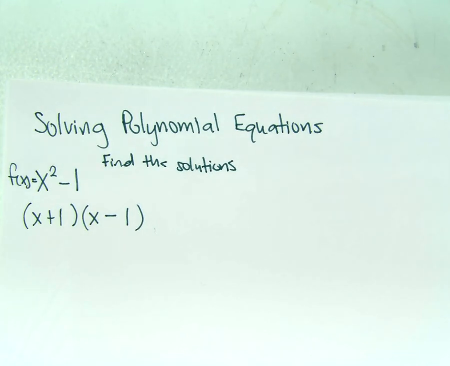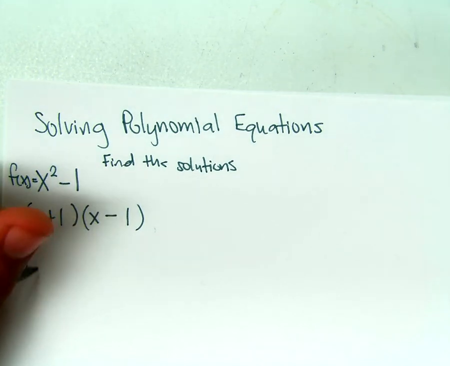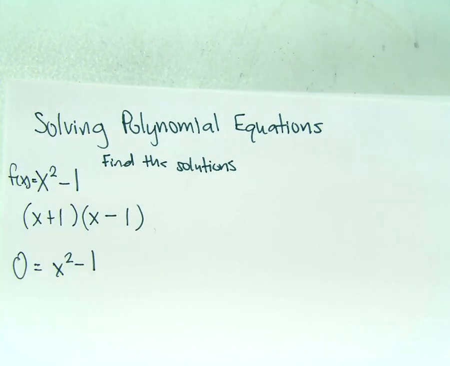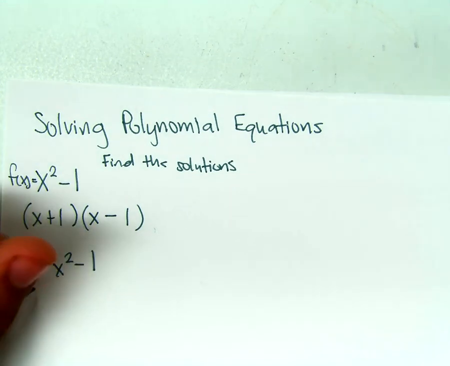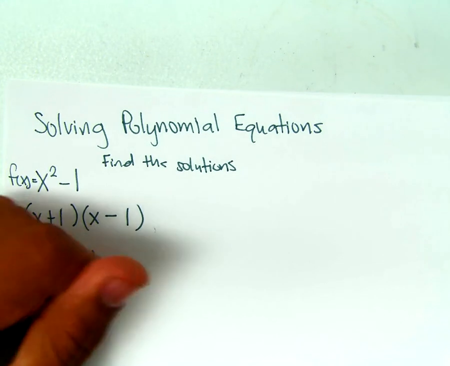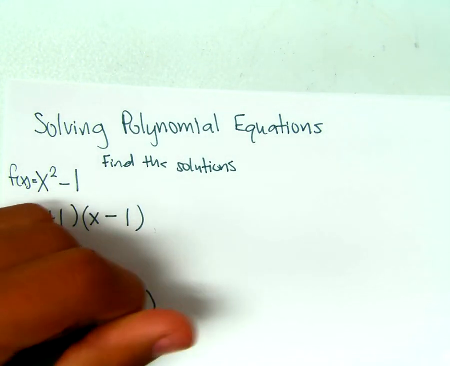To do that, we're going to set f of x, or we can always interchange that with y, equal to 0. So we get 0 equals x squared minus 1. And we're still going to factor. We already factored it, so we have 0 equals x plus 1 and x minus 1.